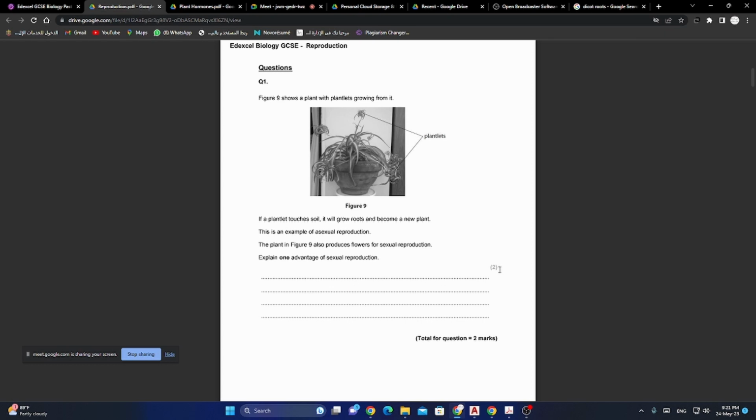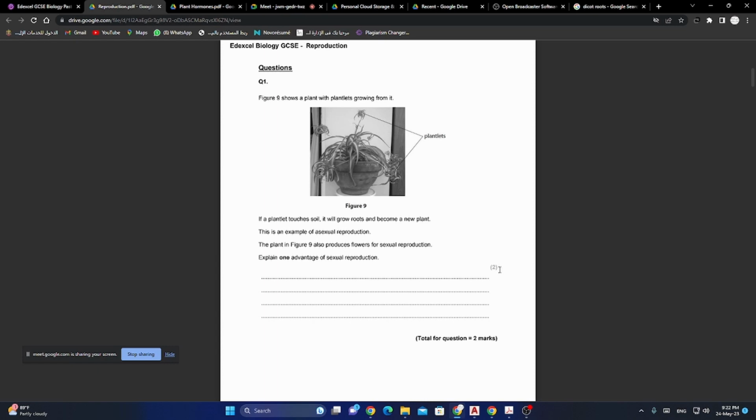Basically, if there is some type of disease that is affecting a plant population, yeah, I think it was with banana plants. There was a disease that was affecting these banana plants, but all of these species of banana plants were all asexually reproduced. So basically, they were genetically the same.